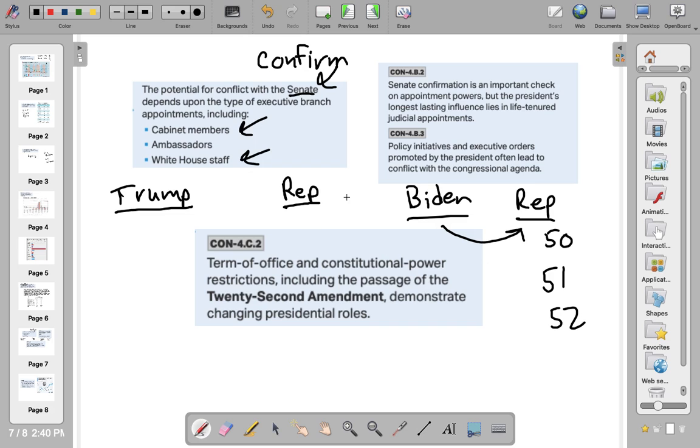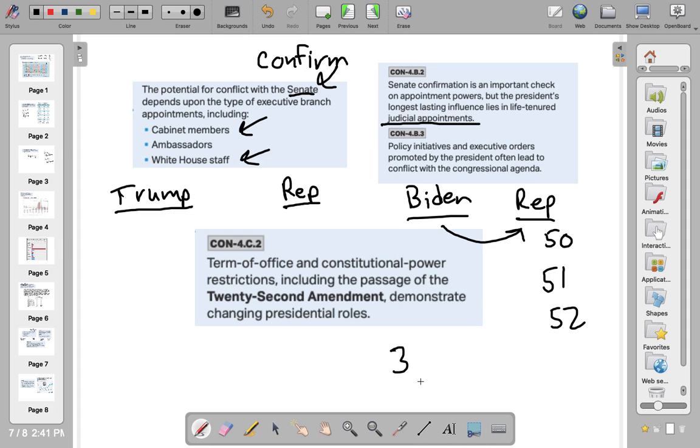Okay, over here, Senate confirmation is an important check on appointment powers, but the president's longest lasting influence lies in life tenured judicial appointments. We've talked about this several times, but in Trump's case, he appointed 3 Supreme Court justices, which is a lot in 4 years.